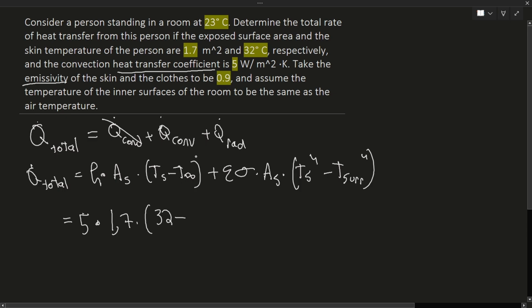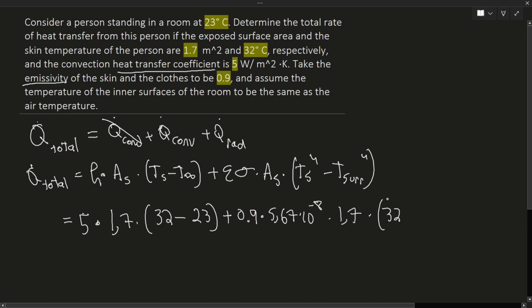That's what it says. Minus the surrounding, 23. Plus your emissivity, 0.9, times this constant, 5.67 times 10 to the power of negative 8, times As, 1.7, times T surface, which was 32, right?